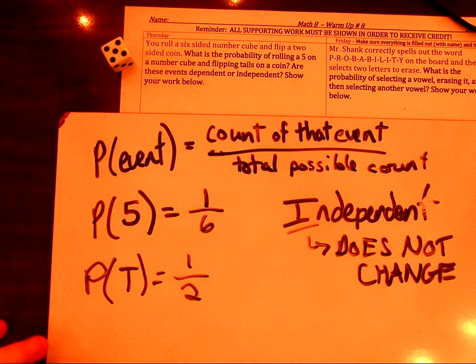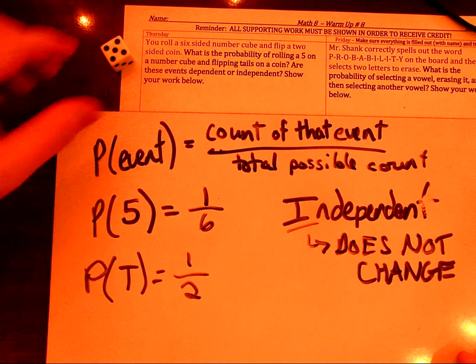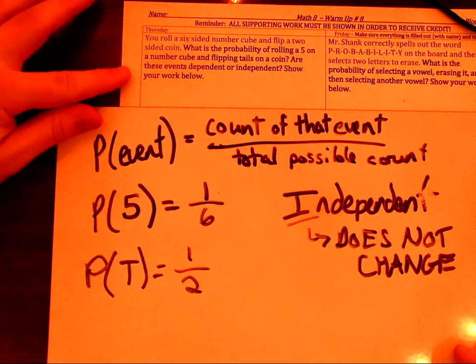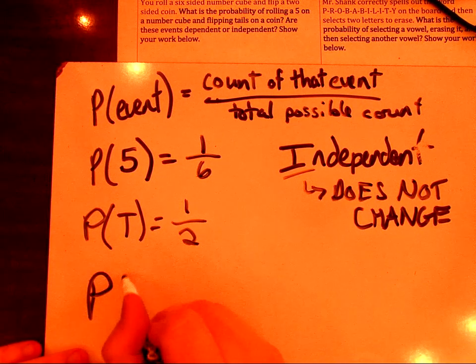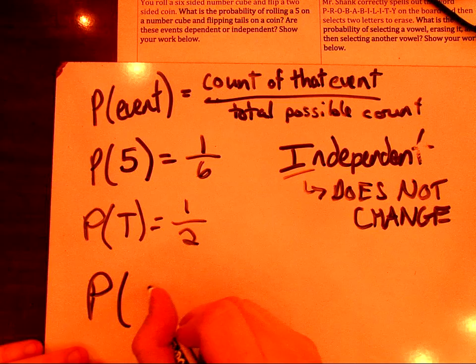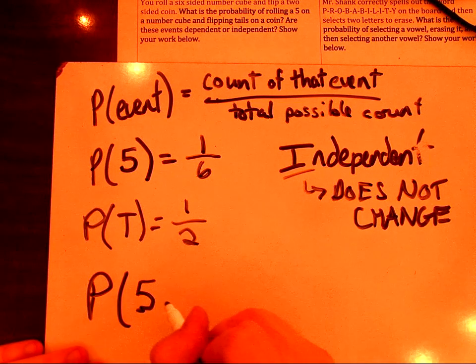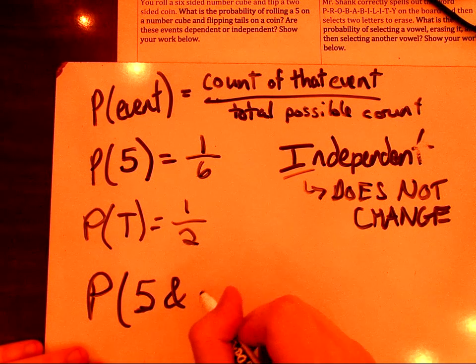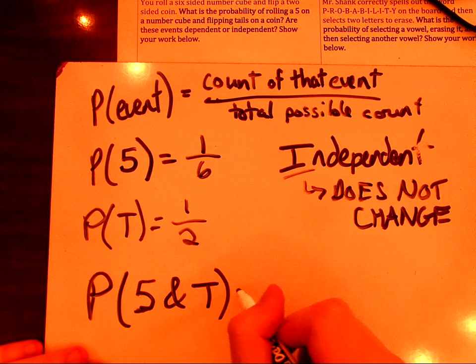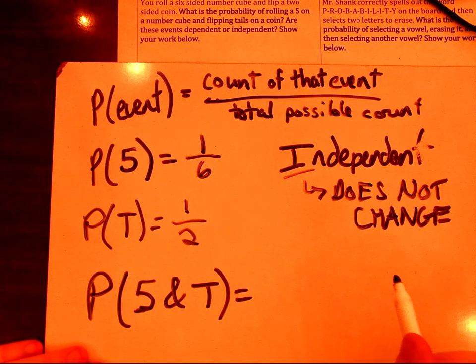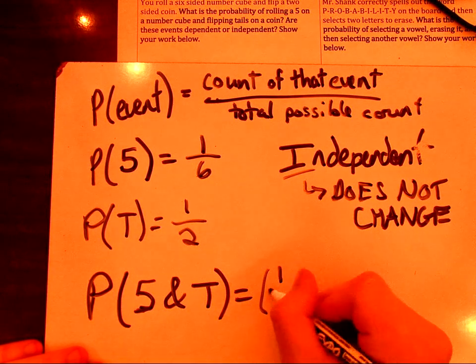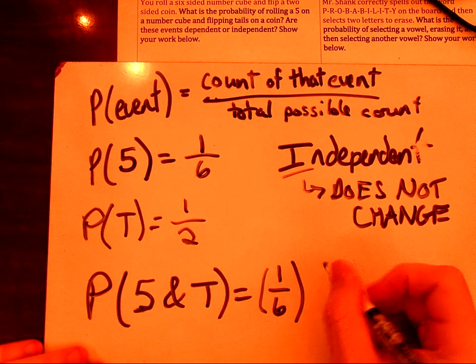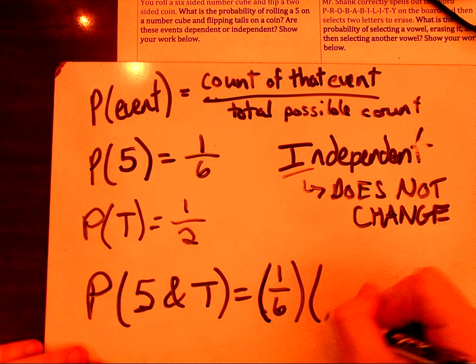Again, to find the compound event, meaning both of them at the same time, you would write it as a multiplication. So you're saying the probability of rolling a 5 and at the same time flipping a tails is as follows. You just write these 2 fractions multiplied together. So 1/6 times 1/2.